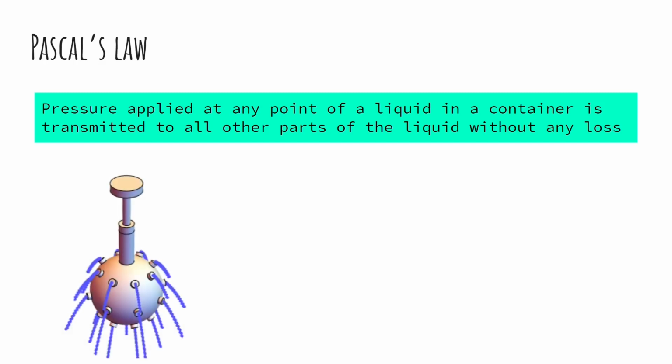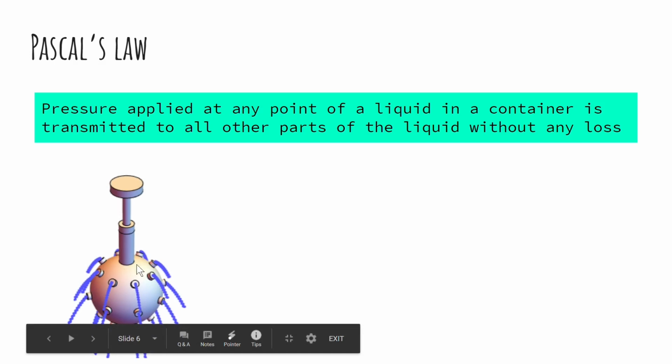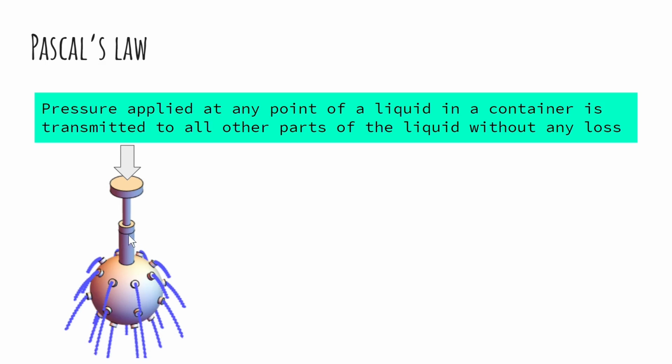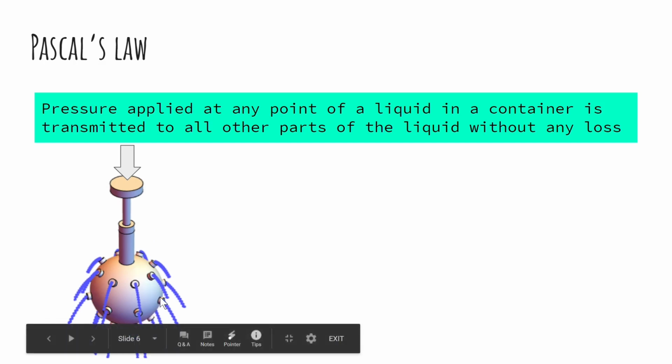Now, if we take this round flask or container with some holes on it, and if we apply pressure on this piston, which is kept at the opening end, it's transmitted to all other parts of the liquid. So the fluid inside this flask will spill out through all the holes without any loss.